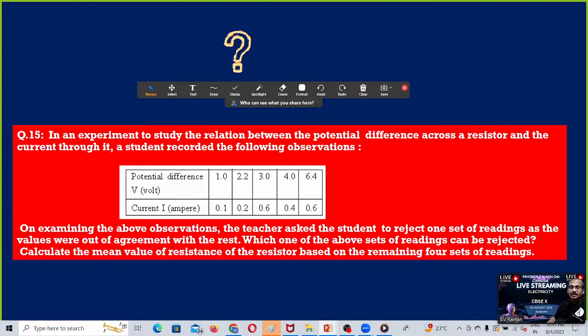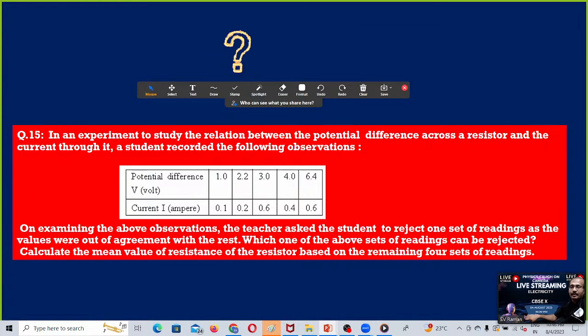This is one of the most important and periodically asked questions. Every year somehow we are getting this question. In an experiment to study the relation between the potential difference across a resistor and the current through it, a student recorded the following observations. So V and I values they have given.